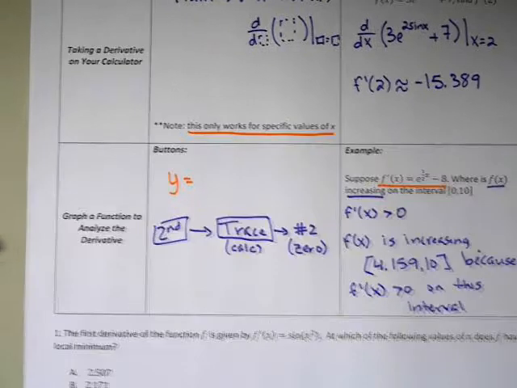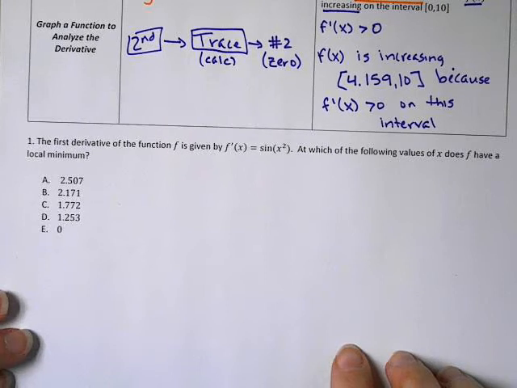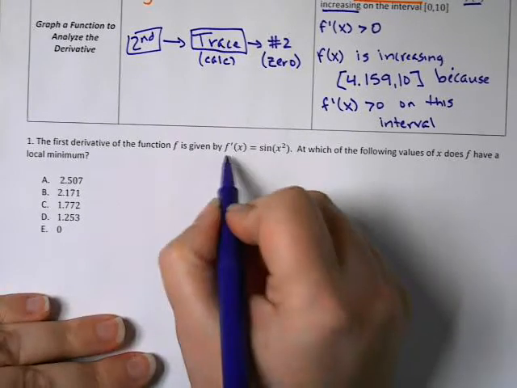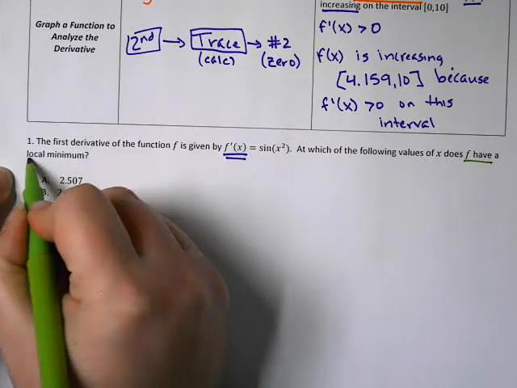Alright, so let's look at what some actual examples would look like on the AP exam. The first derivative of the function is given by f prime of x, so we're given the first derivative, and it's sine of x squared. Which of the following values does x have a local minimum? So let's think about what it means when f has a local minimum.